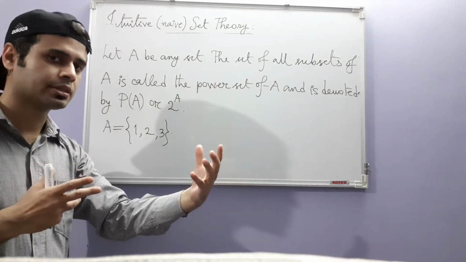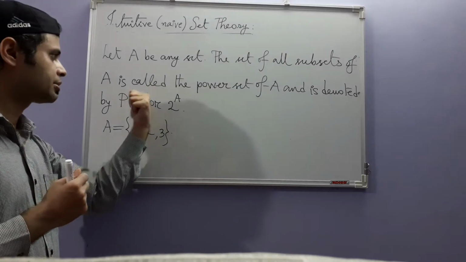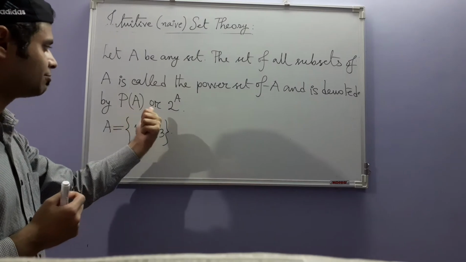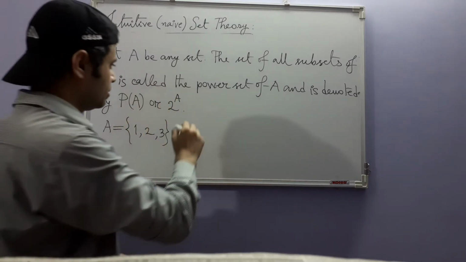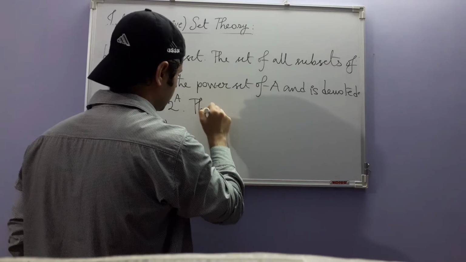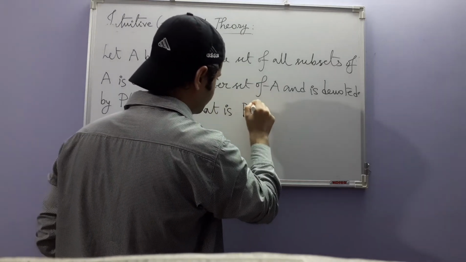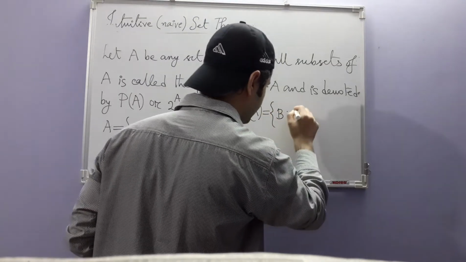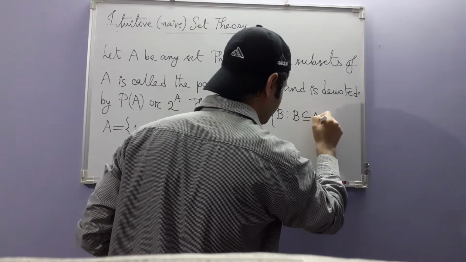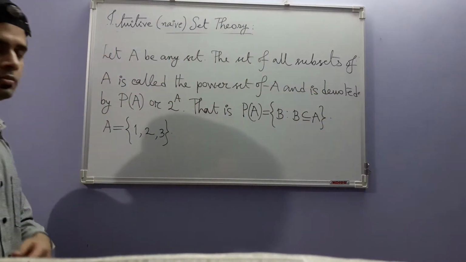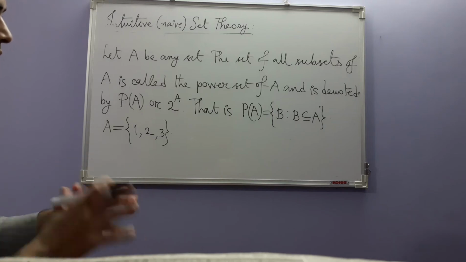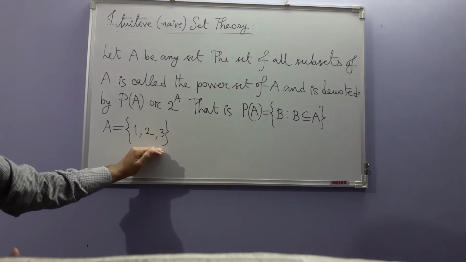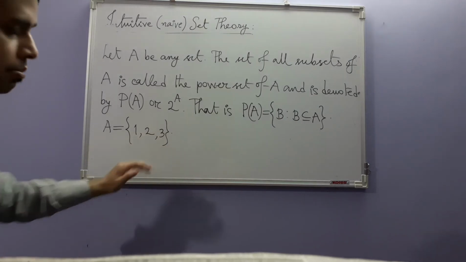That collection will be a set. That set is called the power set of the original set A, and it is denoted by P(A), or 2 to the power A. That is, P(A) is equal to the set of all objects B such that B is a subset of A. Okay, it seems somewhat complicated at first, but let us work out the power set in this particular example.